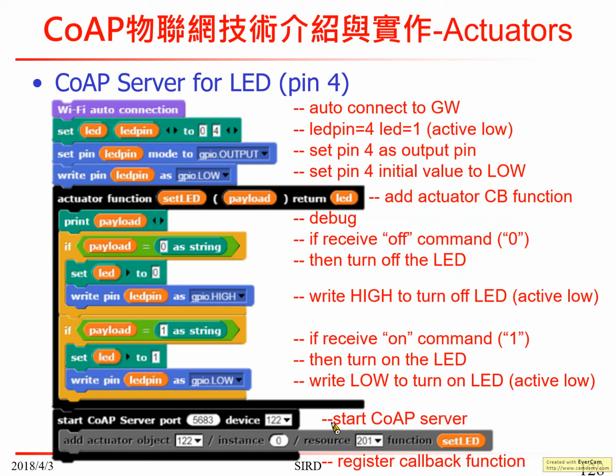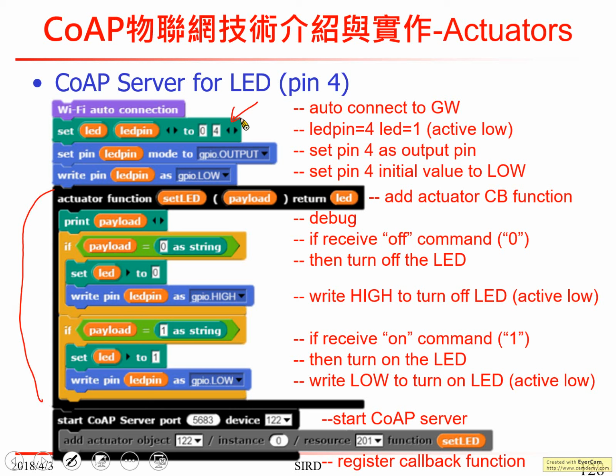We also have an LED here, right? When you try to control the LED on and off, it's not a sensor. You have to say, I want to turn on the light or turn off the light. So here, you have to register an actuate function. That's a little bit different.